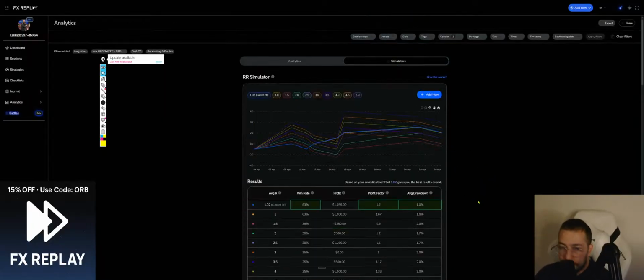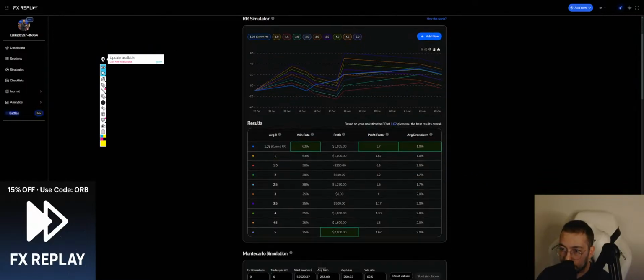Let's see this scenario. I like this new simulator thing. It shows you the percentage if you went more than 1-to-1. So 1R is 63%, 1.5R is 38%. That's the estimated profit you'll have. 2R is a 38% win rate, but you'll have 500 profit, which is less than this.